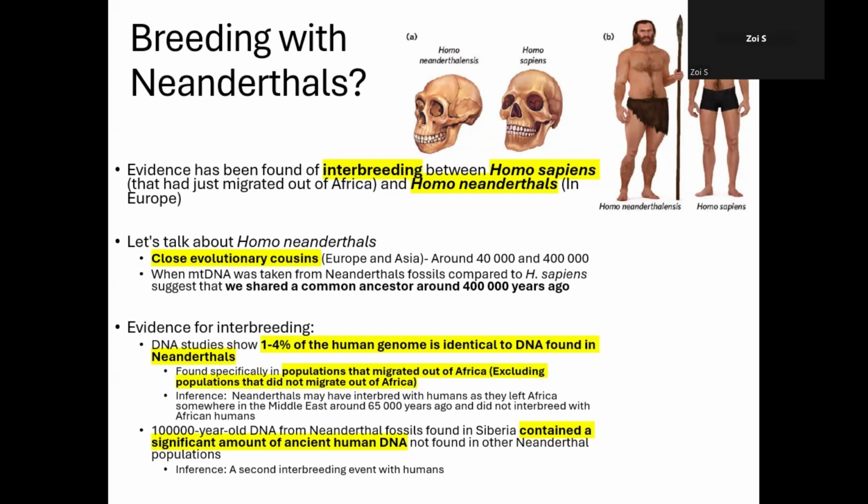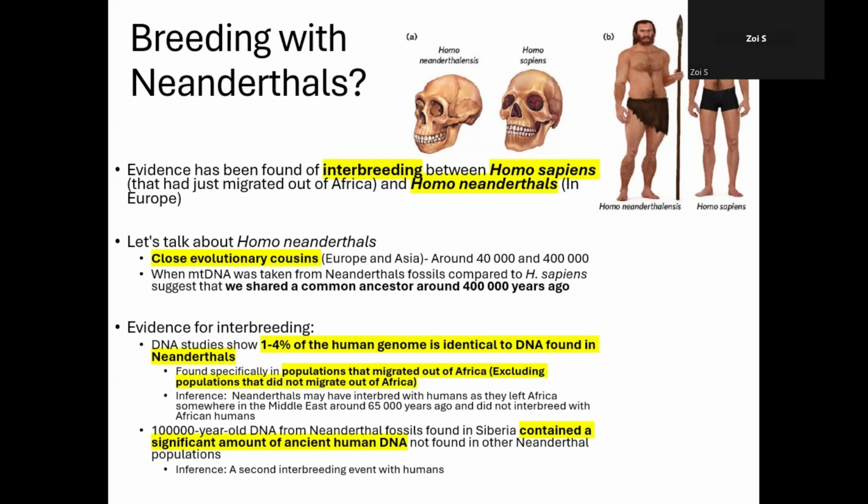What does an interbreeding event mean? That there was reproduction occurring between the two different species to produce a viable offspring that actually carried forward all the way until today. And the reason why we know that it happened specifically with Homo sapiens that had just migrated out of Africa is we'll be discussing that as well.